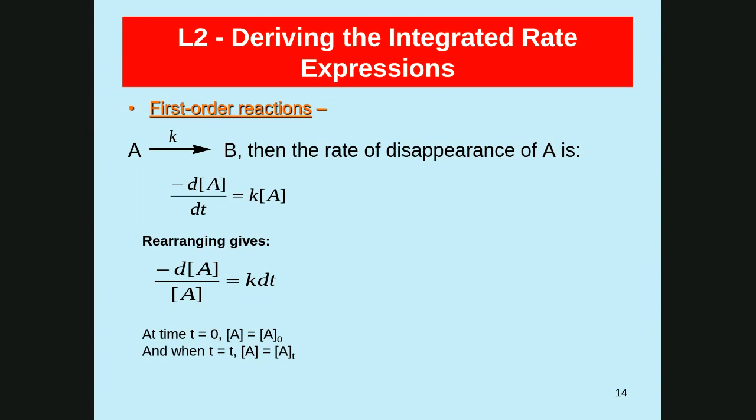Another important class of processes that follow first order kinetics are radioactive decays, where a radioactive nucleus, an unstable atomic nucleus, has a certain probability within a second or within an hour to decay into something else, which is also formally, in mathematical terms, a unimolecular process.